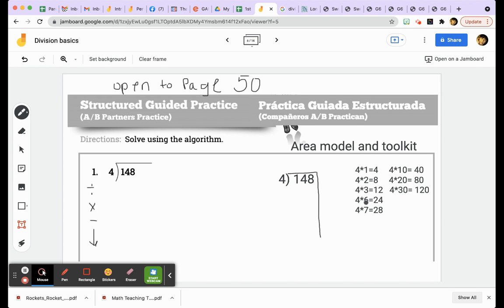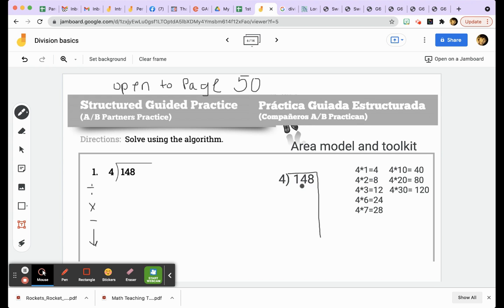Then I'm going to jump down to 4 times 6 is 24. And 4 times 7 is 28. I think I'm going to need those two. I don't have to put the 4 and the 5 because I'm probably not going to need those products.